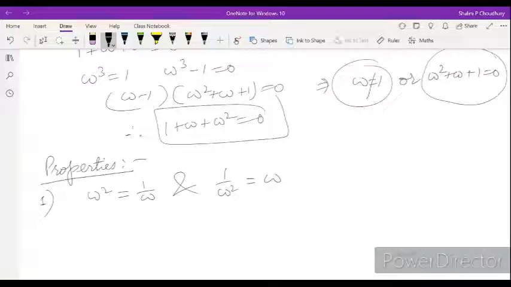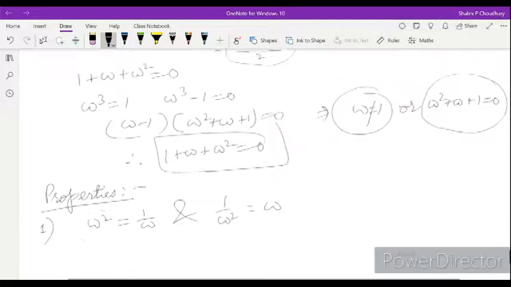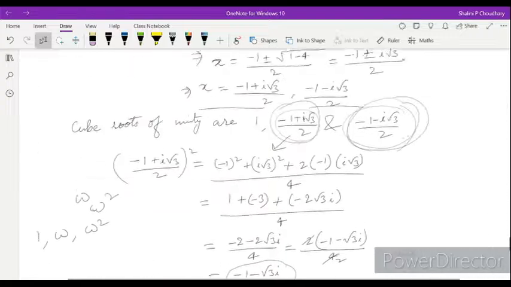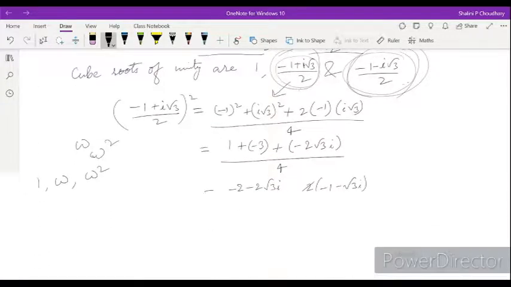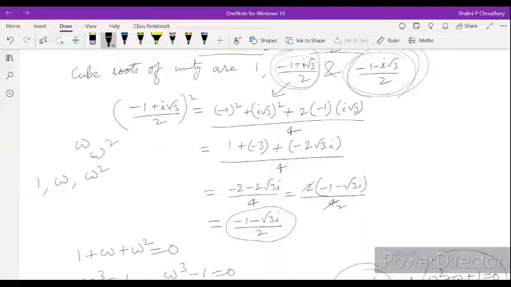Because there are three roots, of which two roots are conjugates. So if this one is omega, then this one will be omega square. So we square this and we get this one, we square this and we get this one.